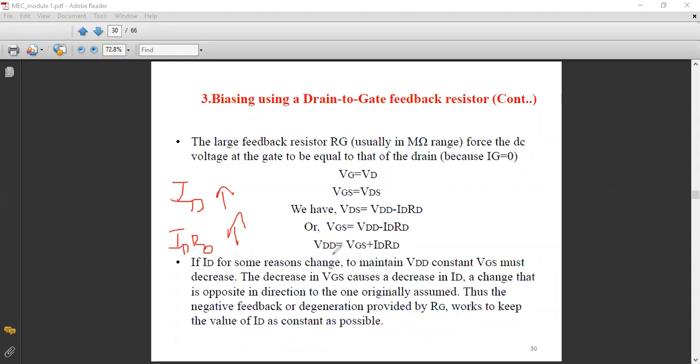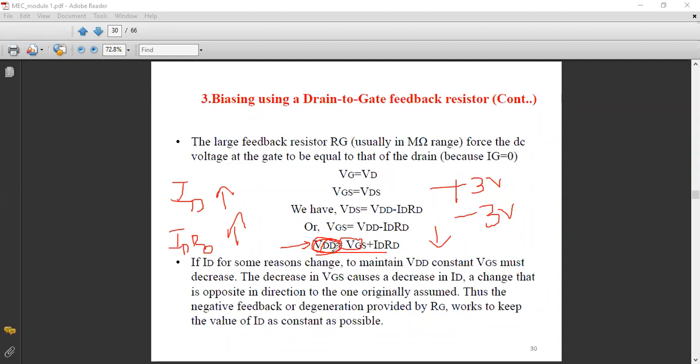Now, if you see this equation, VDD is constant. To maintain this constancy, VGS should decrease by an equal amount to whatever we have observed in IDRD. Suppose IDRD has increased by 3 volt. Then an equivalent decrement, minus 3 volt, I should see in VGS, so that VDD remains constant.